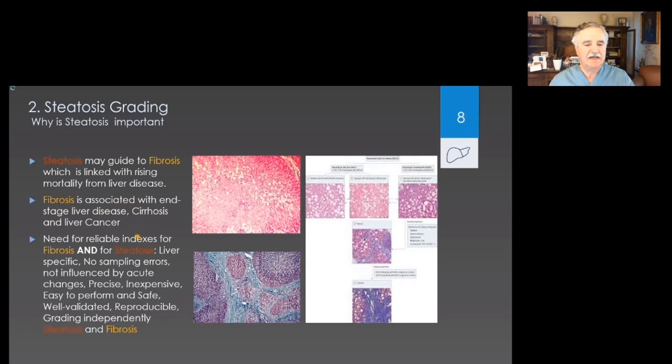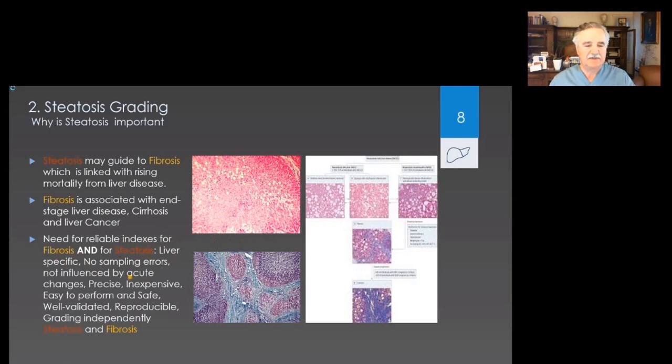We need reliable indexes and methods to measure fibrosis and steatosis, because in many illnesses like NAFLD and NASH, there is a coexistence of fibrosis and steatosis.